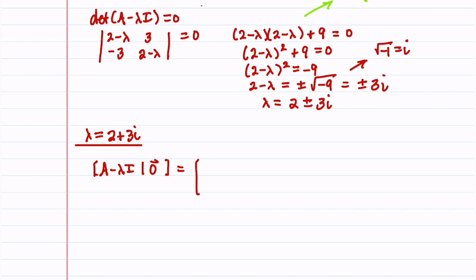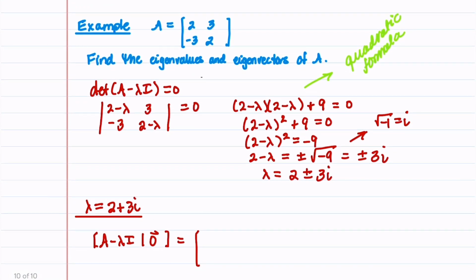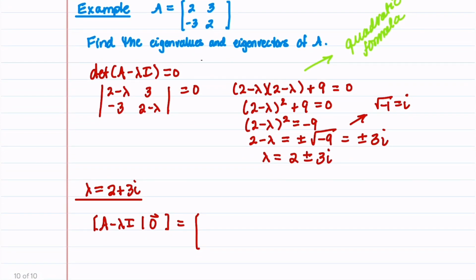So this gives us 2 minus (2 plus 3i), and then 3, and then a minus 3, and then 2 minus (2 plus 3i).